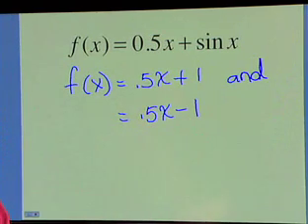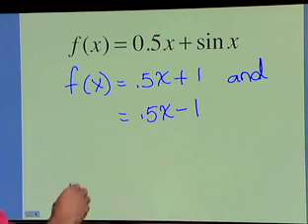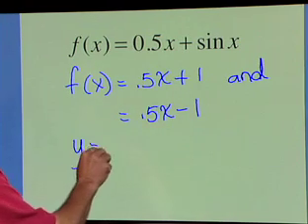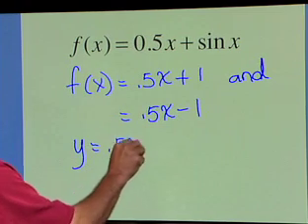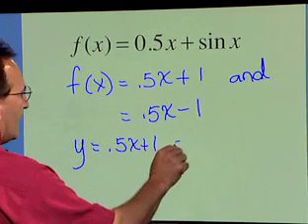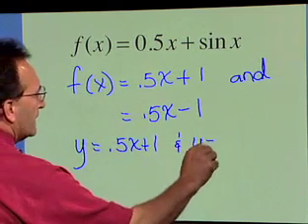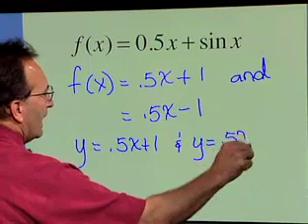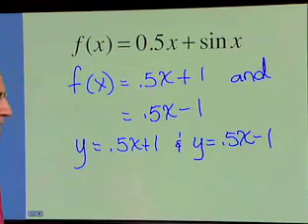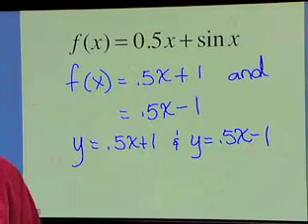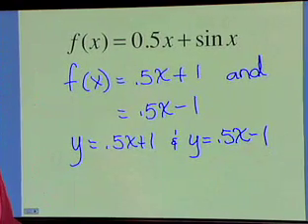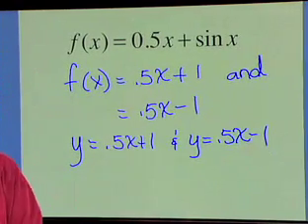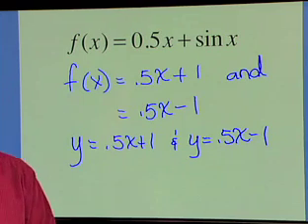So it's oscillating between y = 0.5x + 1 and y = 0.5x − 1. Those are the equations of the two lines that the graph is oscillating between.